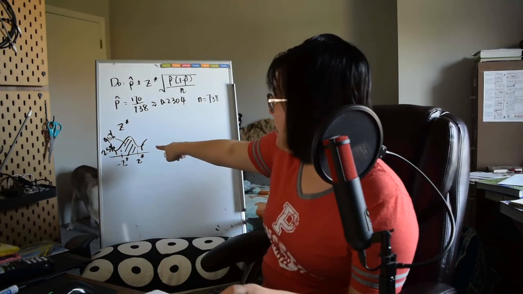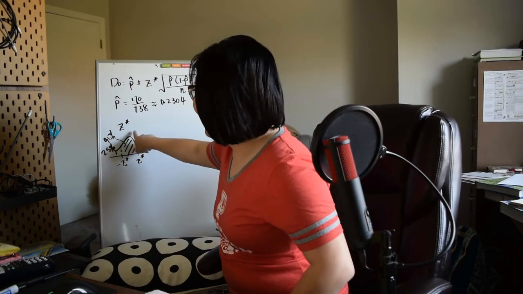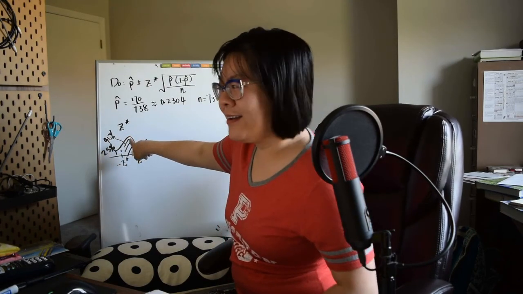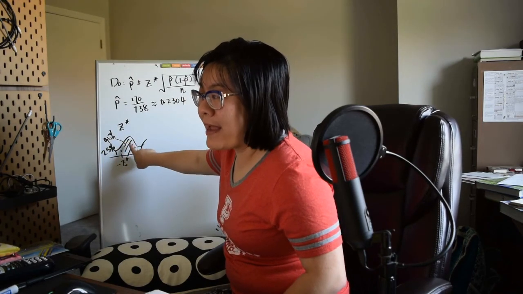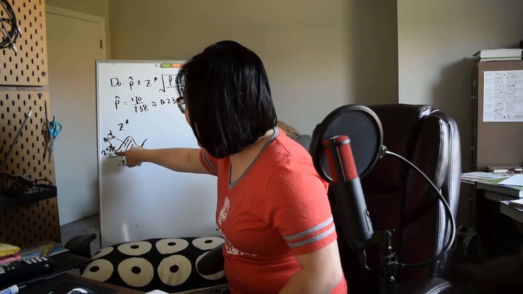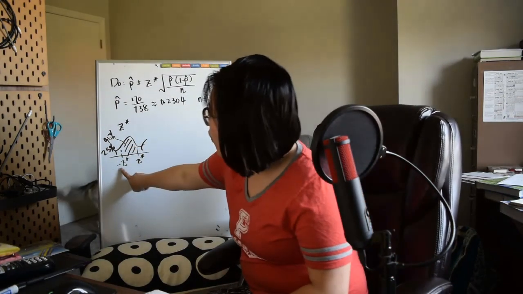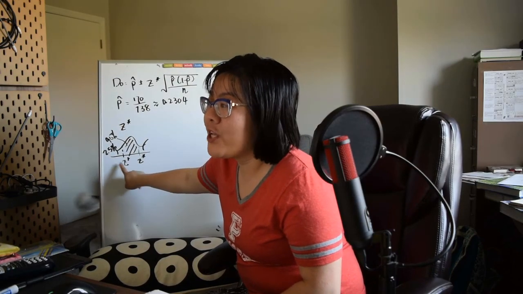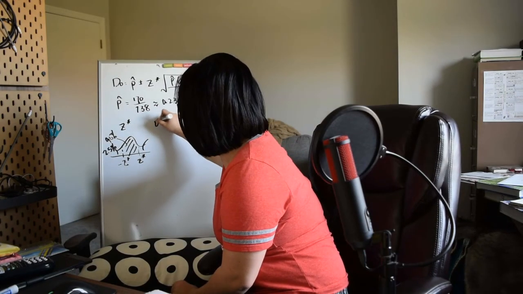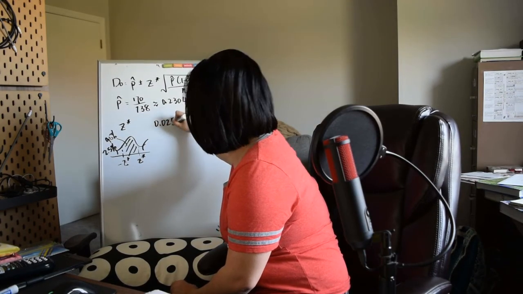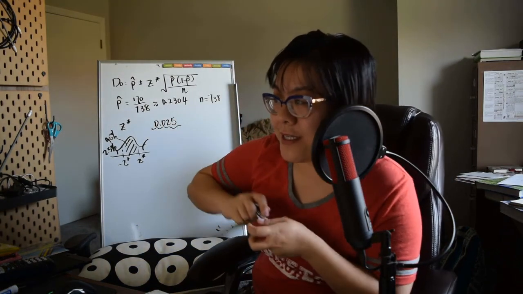Under the curve, 1 minus 95% in the middle, divided by 2, gives you 2.5%. So to find negative z star, we use this 2.5%, which is 0.025, as the area and find the z score.